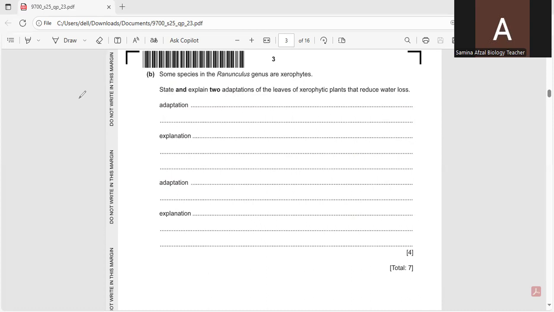The first adaptation is the thick waxy cuticle.